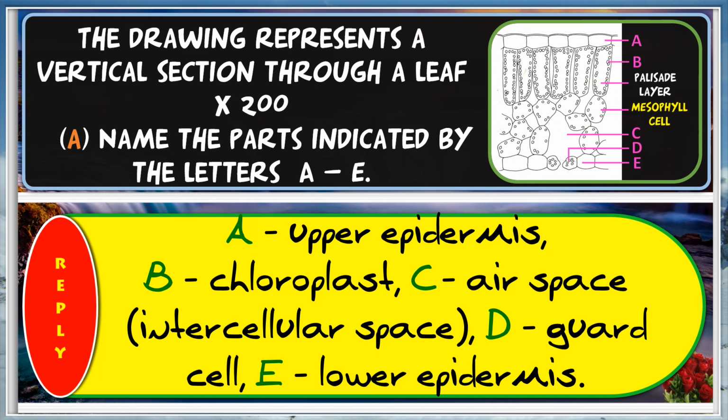B, its chloroplasts. C is the air space or intercellular space. D, it's the guard cell. And E, the lower epidermis.